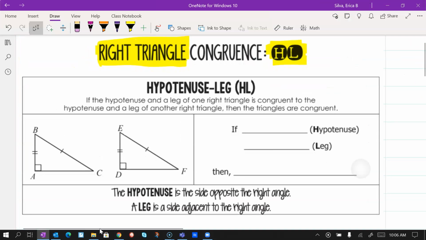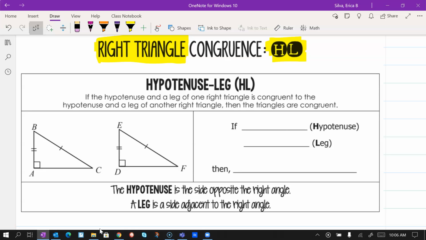All right, so we have our right triangle congruence, and it has to do with our hypotenuse and our leg. So if we check for our right triangles, angle A and angle D are right. So we have a right triangle.